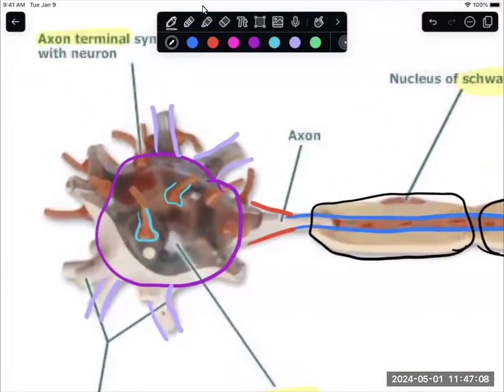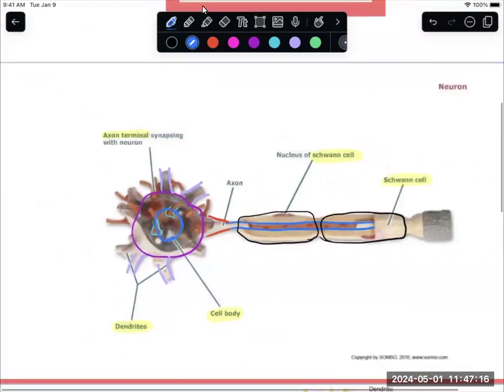Inside this cell body here, this picture is kind of blurry, but in here, what I just circled in blue, that would be our nucleus of our nerve cells.